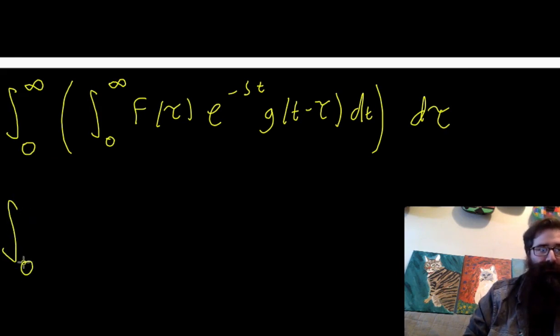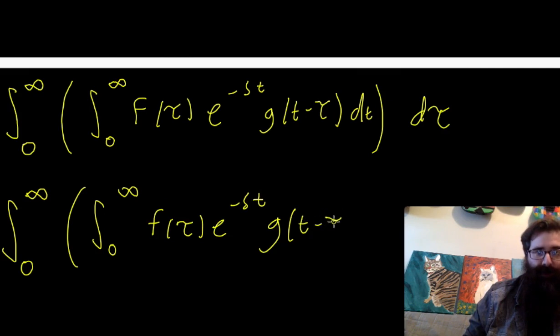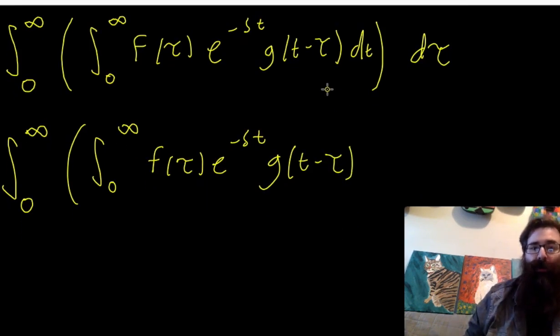We'd say the integral from 0 to infinity of the integral from 0 to infinity of, and I still have all of my stuff for my integrand, f of tau, e to the minus st, g of t minus tau. But now we're going to reverse the order of the integration, so it's going to be d tau for the inside integral, and then dt for the outer integral.